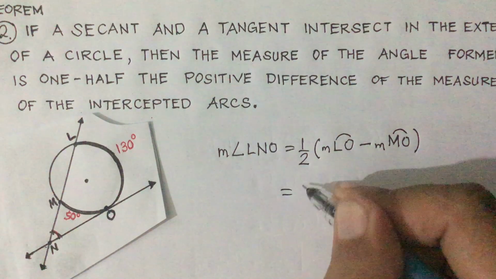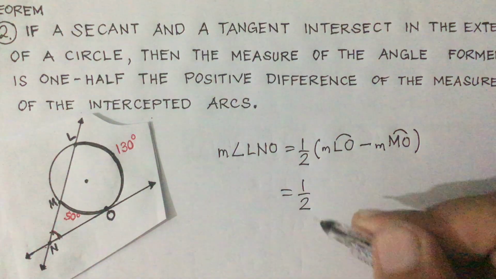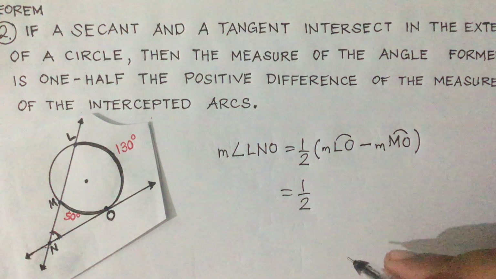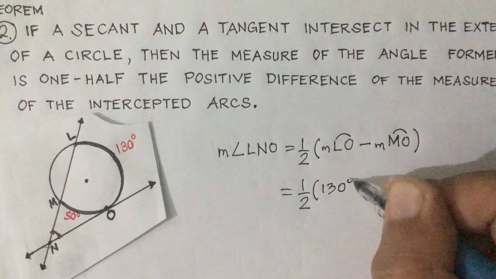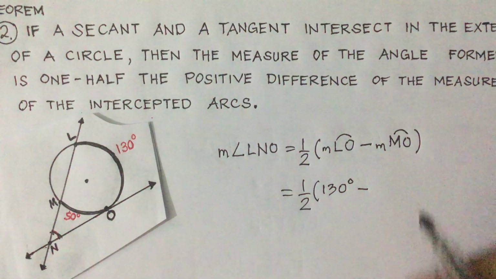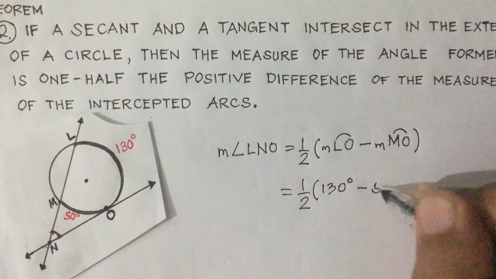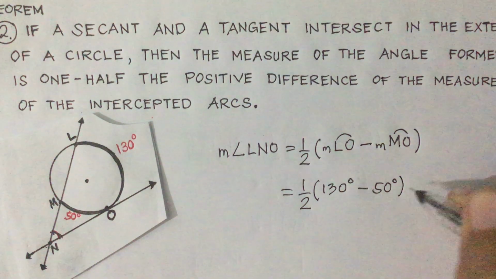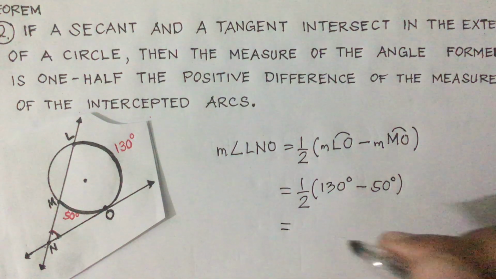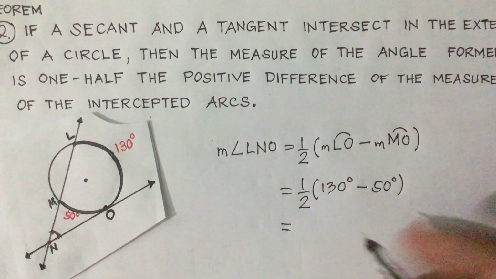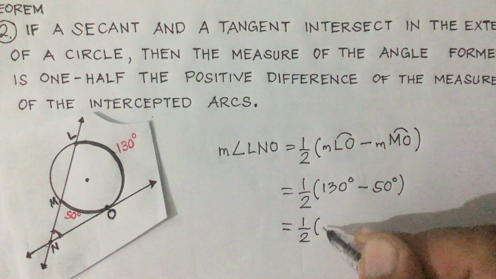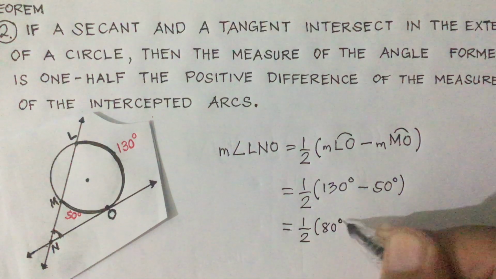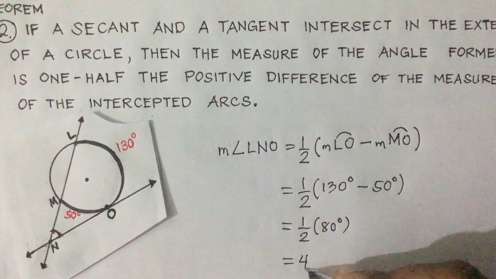So, we have now 1/2 of the measure of arc LO is 130 degrees minus the measure of arc MO, which is 50 degrees. Then, we have 1/2 of what is 130 minus 50. So, that is 80 degrees. So 1/2 of 80, and that is 40 degrees.